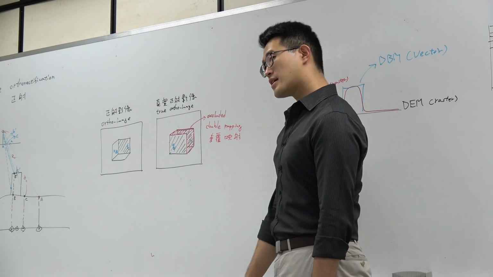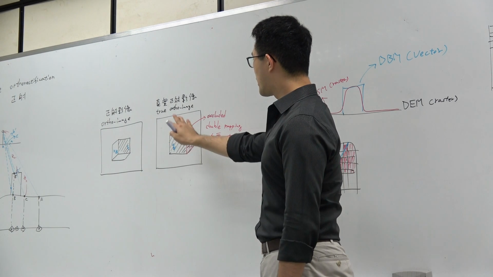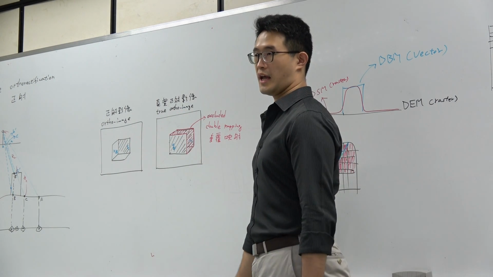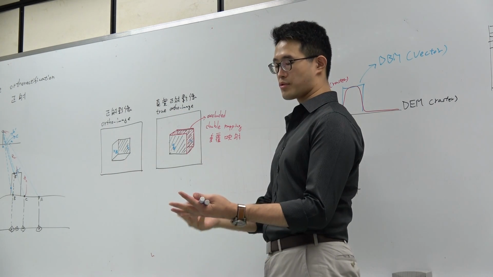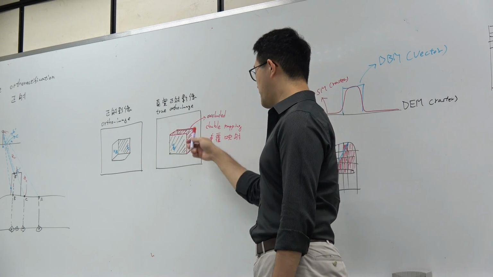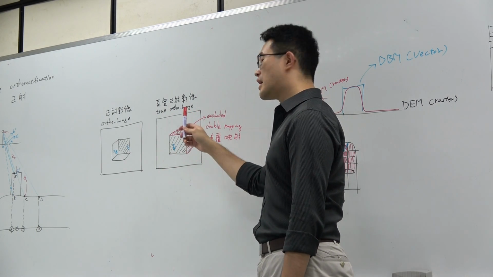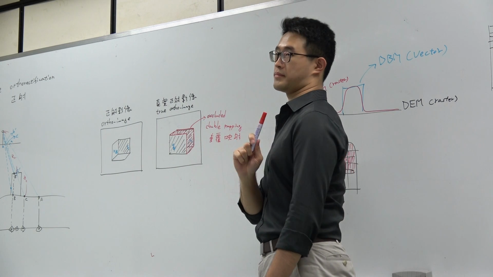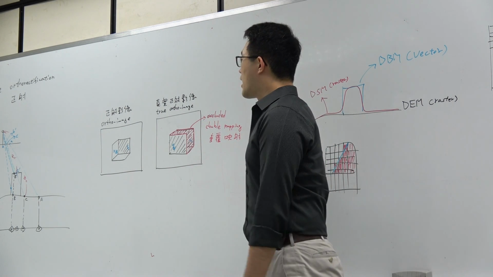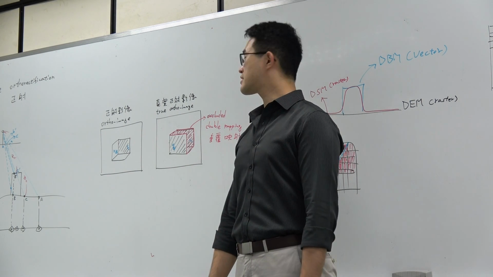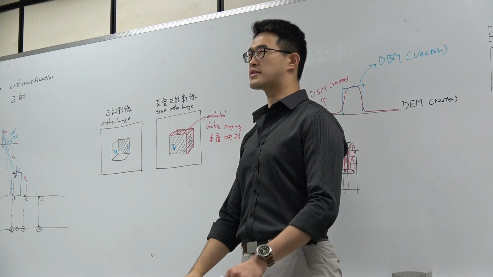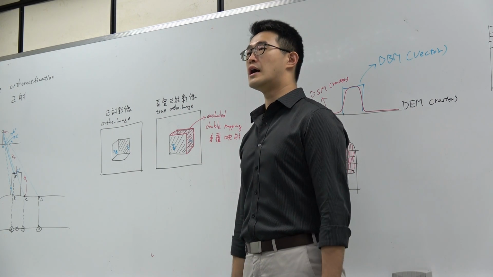So in this case, you will exclude that region from the true ortho image. And when people get one true ortho image, there will be this type of region that has no information. Okay, basically that's the true ortho replication procedure. Till now, any question?